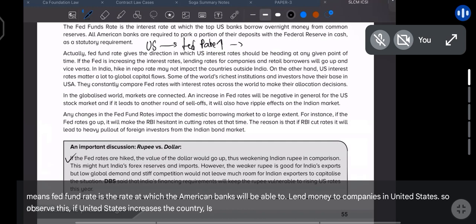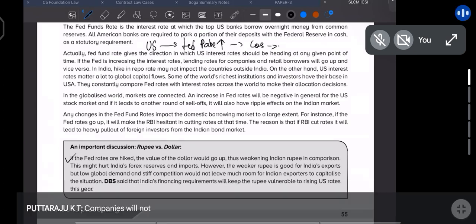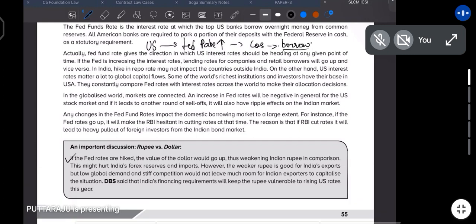is lending going to become easier or tougher in the United States? Companies will not be able to borrow. So borrowing gets tougher.